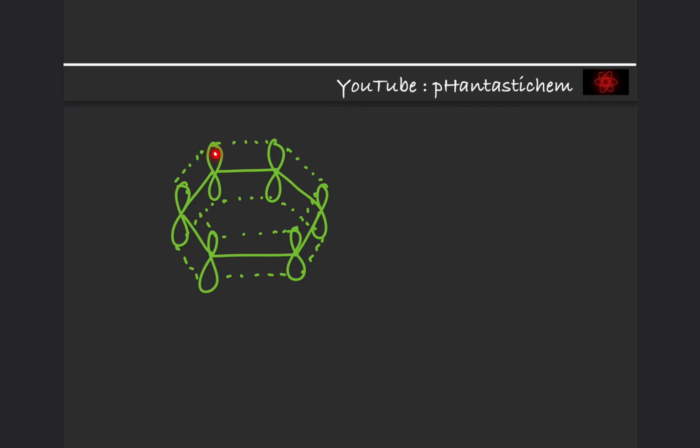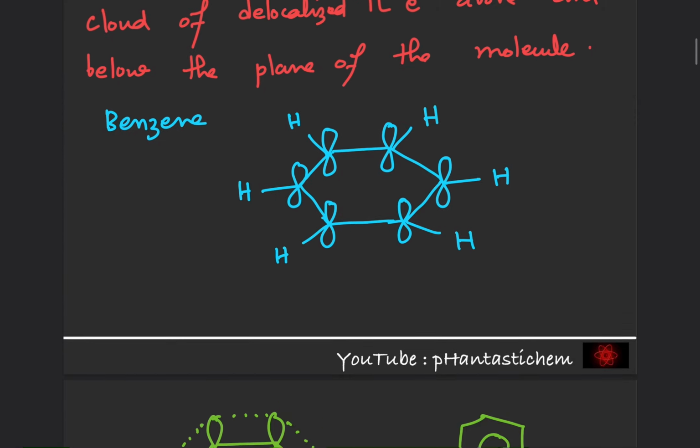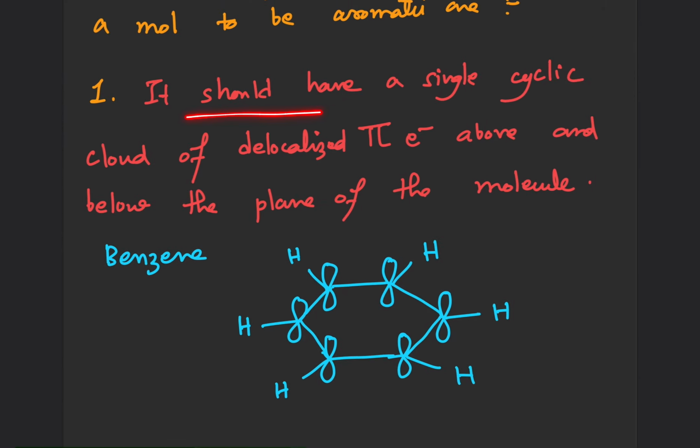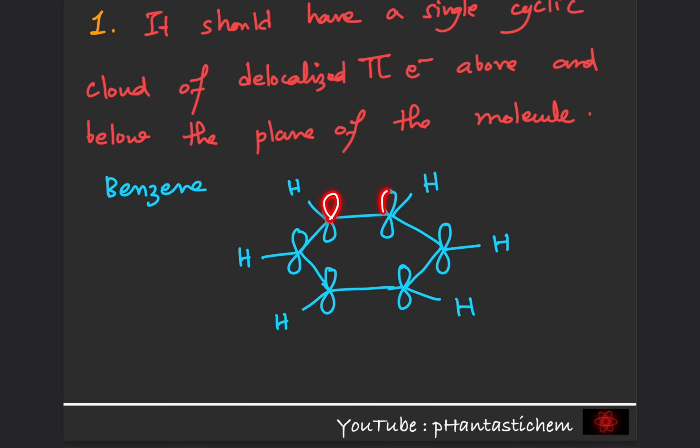So the pi electron here is equally attracted by all the 6 carbon atoms of the benzene ring. And therefore, we sometimes show benzene like this by a circle. So this circle on benzene represents the 6 completely delocalized pi electrons. Okay, so this is the first criterion, that it should have a single cyclic cloud of delocalized pi electrons above and below the plane of the molecule. So you can see this is above the plane and this is below the plane.